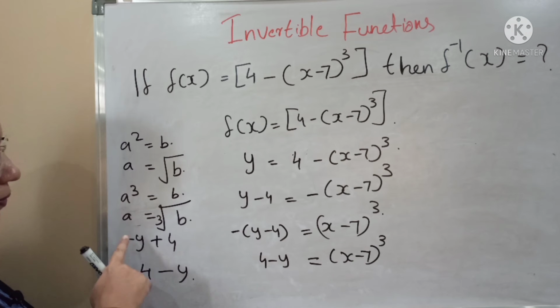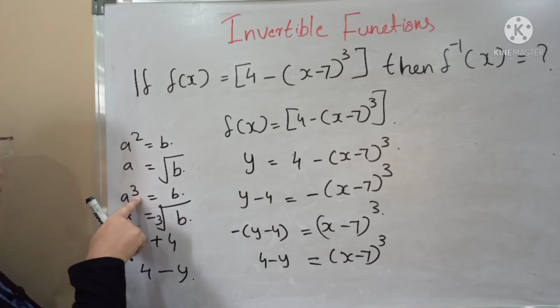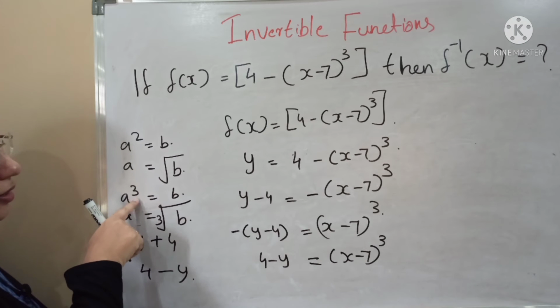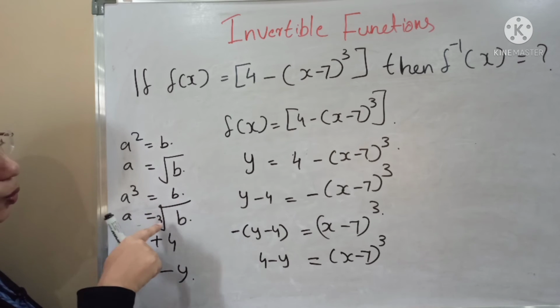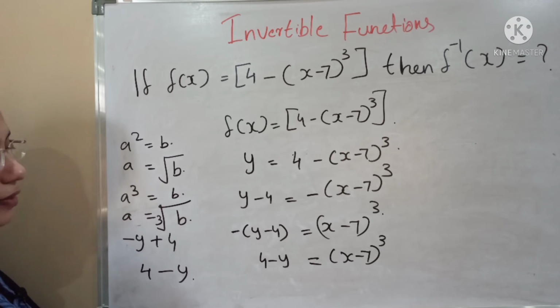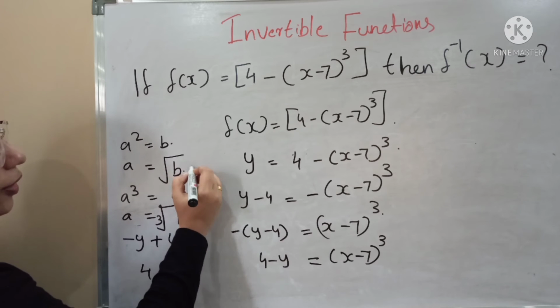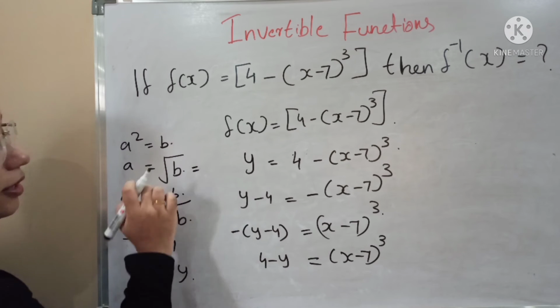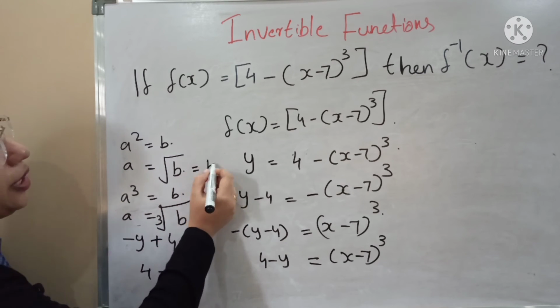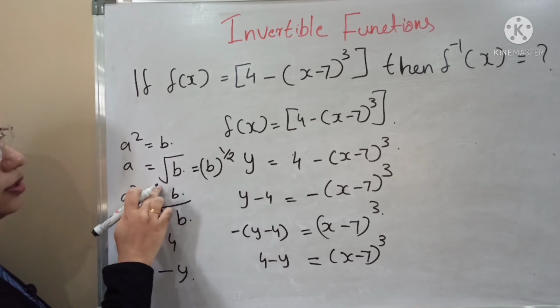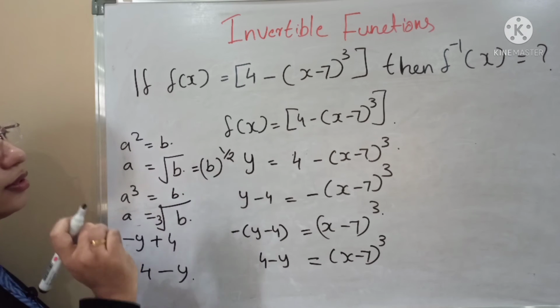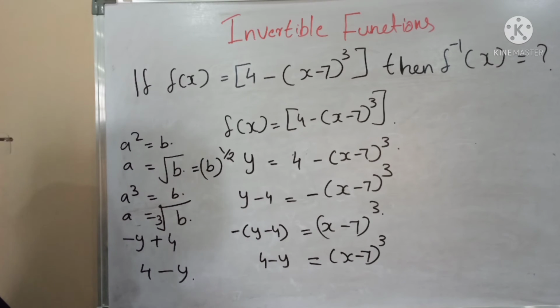Clear? A equals, this a to the power 3, this exponent 3, if it comes this side, it will be cube root of b. This square root I can write either like this or b raised to 1 by 2, and this root and this raised to 1 by 2 are the same.